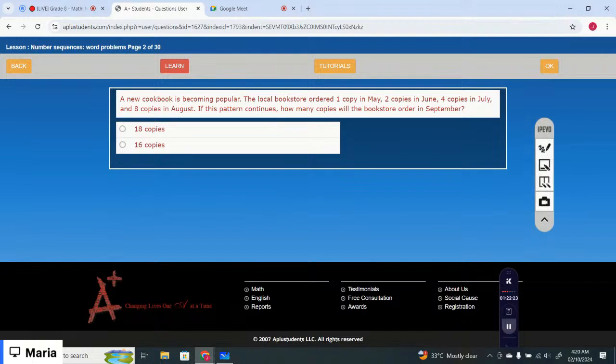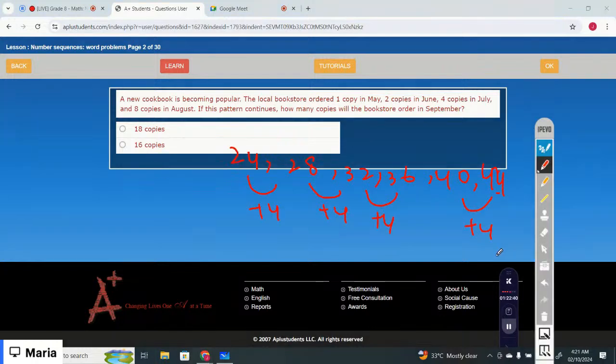Okay, the next one: a new cookbook is becoming popular. The local bookstores ordered one copy in May, two copies in June, four copies in July, and eight copies in August. If the pattern continues, how many copies will the bookstore order in September? They are 1, 2, 4, 8. So in September it will be 16. That means in September they will order 16 copies.